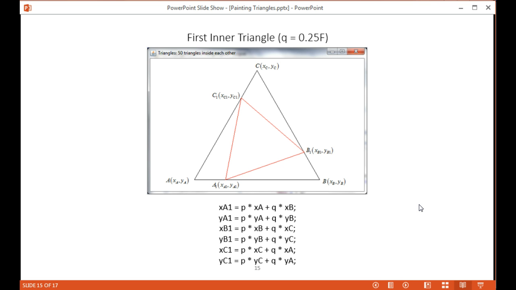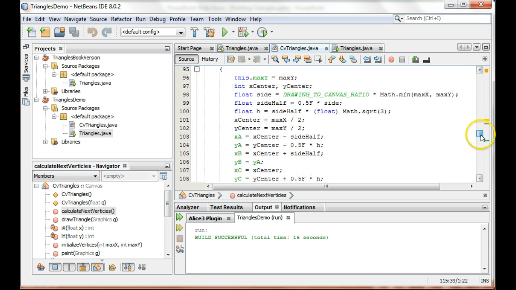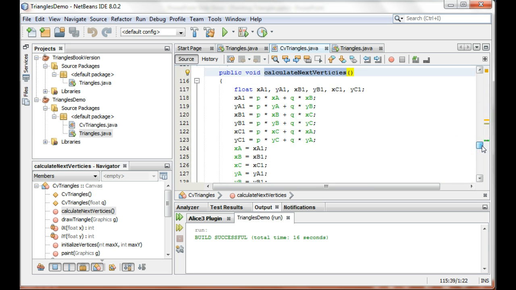Okay. So how does this continue to make all our 50 triangles? Notice this call to calculate next vertices is happening inside a loop, and it's looping 50 times. Let's take a look down here at calculate next vertices again.